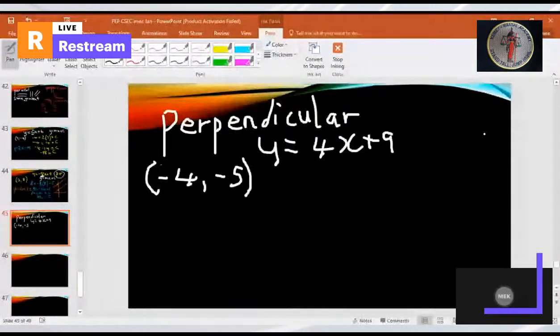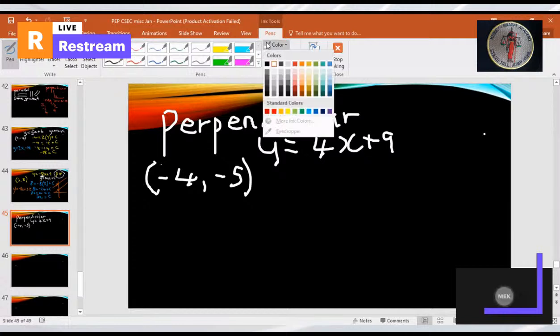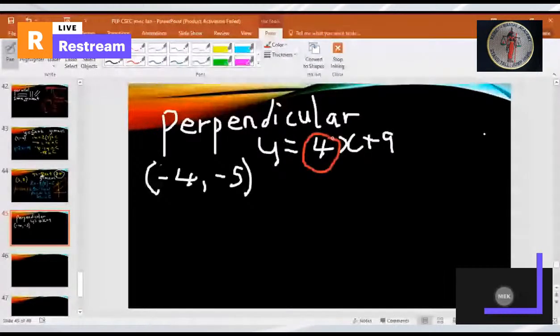What is the equation of this line? Since the lines are perpendicular, the gradients are negative inverse to each other. Since this gradient is 4, the negative inverse of 4 is negative a quarter. That means the gradient of this line is negative 1/4.